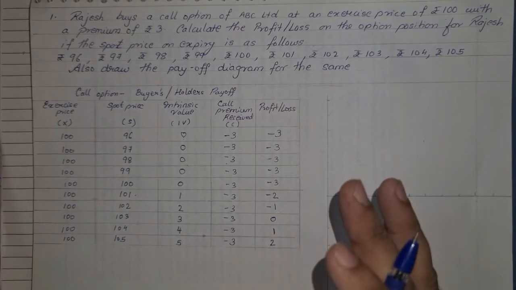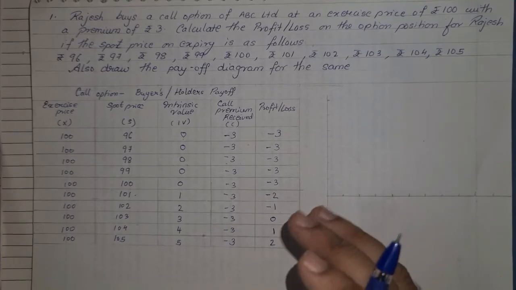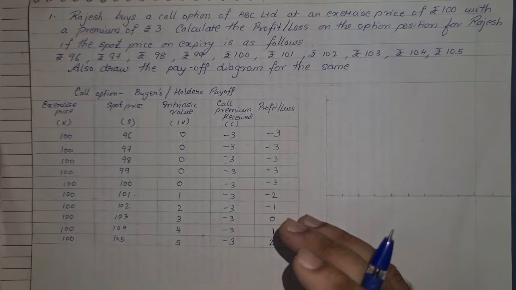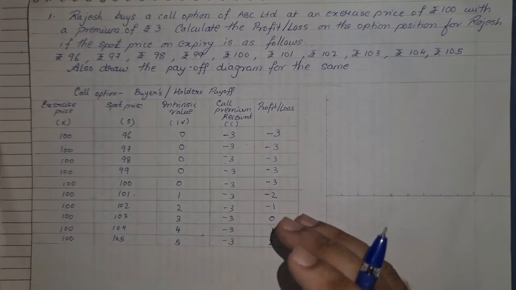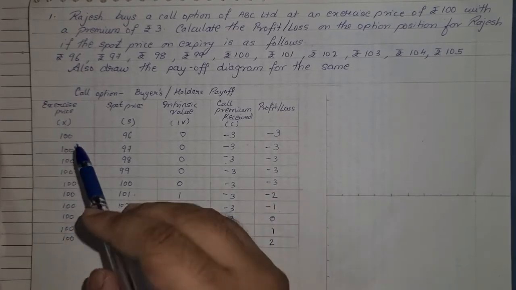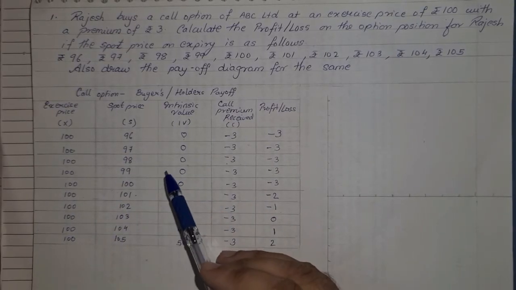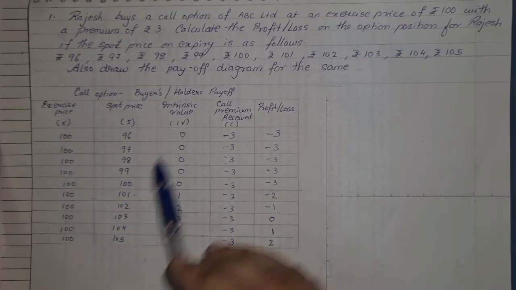So this is the payoff table of an option position where you have been given a call option and a person is buying the call. Very simple. You note down the exercise price, you note down the spot price, and the difference is the intrinsic value.